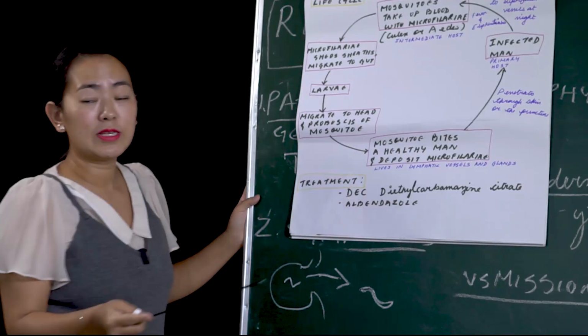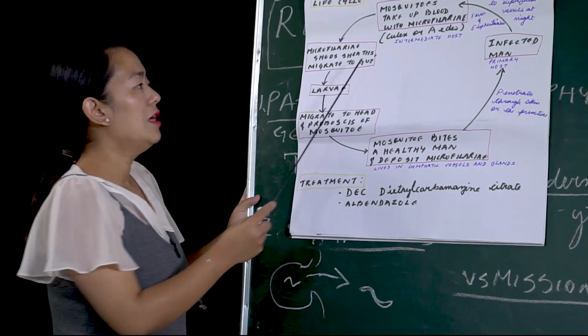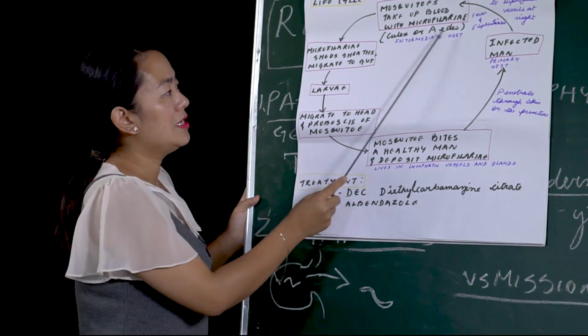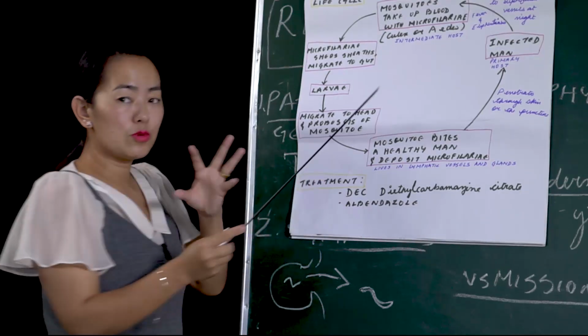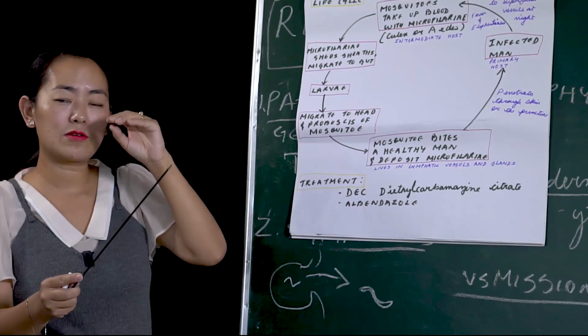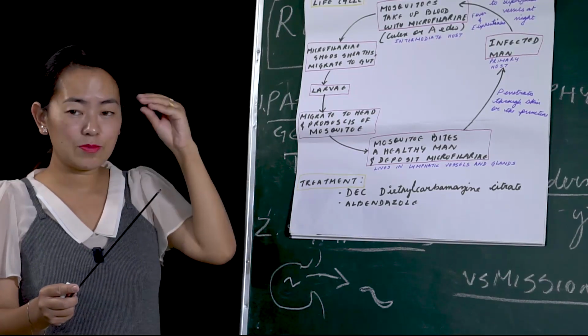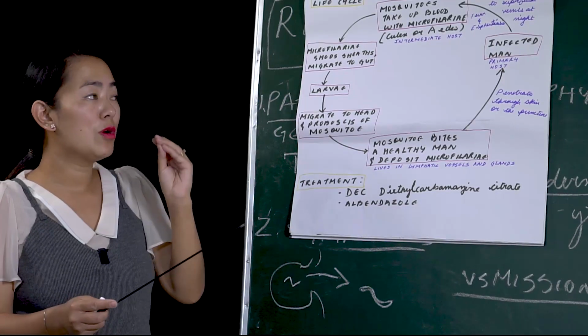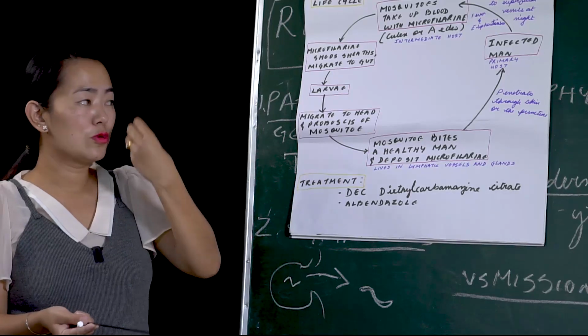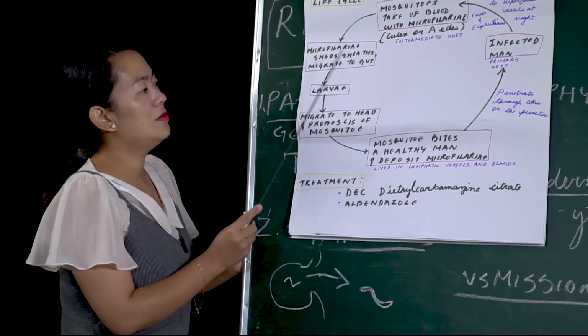You know that malaria is caused by Anopheles mosquito, right? So they may be of Culex or Aedes mosquito, in which this mosquito will take up the worm, the small worm, micro means small. After it sucks up the small worm along with the blood, the worm will go to the stomach of the mosquito.